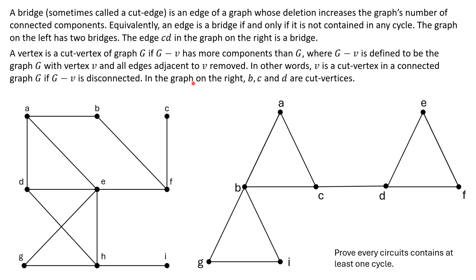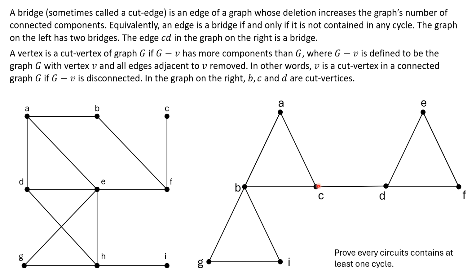So in the graph on the right, B, if you remove B, and then of course, using this definition here, you remove all the adjacent edges. So you remove this edge, this edge, this edge, and this edge. Then you would have two disconnected graphs.